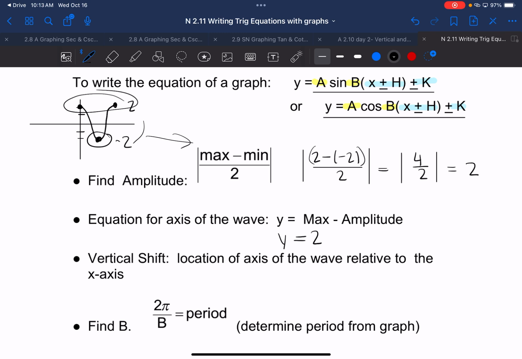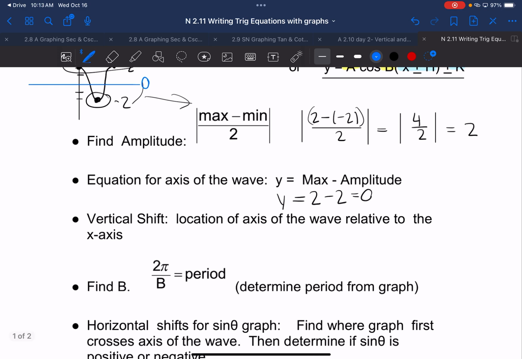And what did we find our amplitude to be? 2. And 2 minus 2 is 0, which would make sense because if I look at my graph, right through the middle, my horizontal line y is at 0. Okay? Remember, that only changes if I shift up or down some amount.